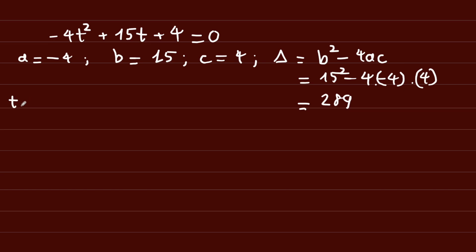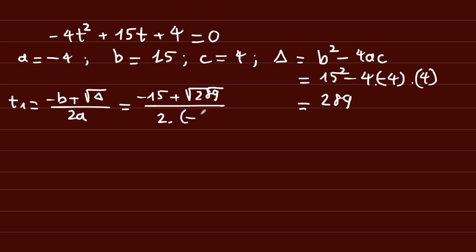And how can you solve here? Minus b plus or minus the square root of the discriminant, divided by 2a. Minus b means minus 15, the square root of 289, over 2a, which means 2 multiplied by -4. So minus 15 plus the square root of 289, divided by -8.